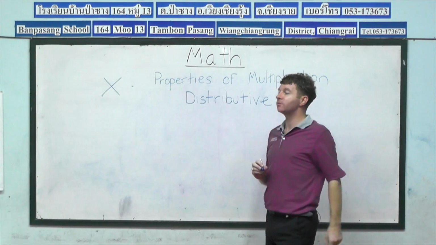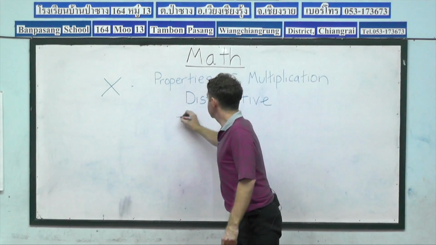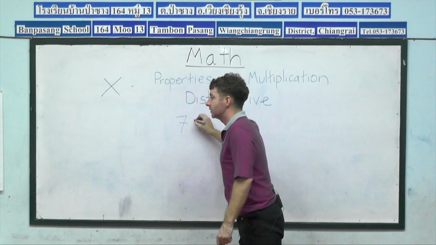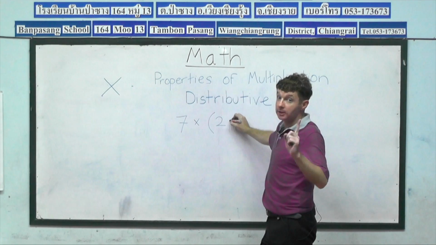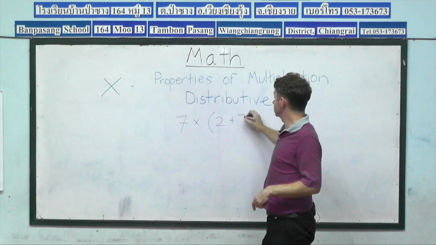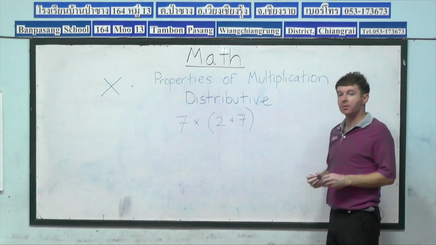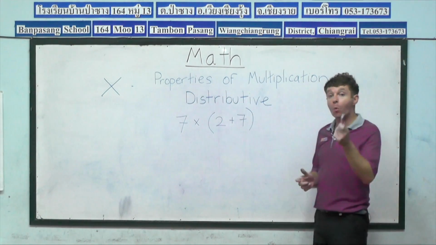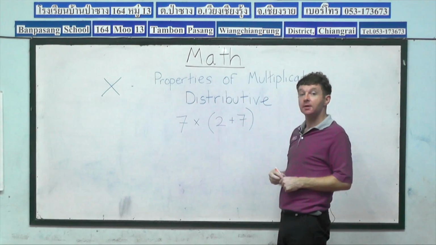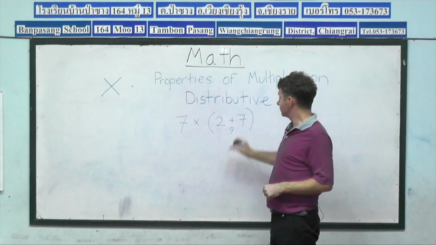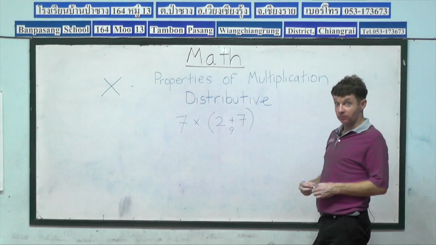Now what distributive means is that we need a sum similar to the last one to begin. Let's have 7 times 2, but then we use a plus. So guys, which problem do we answer first? Always brackets. 2 plus 7 equals 9. So then 7 times 9 equals 63.